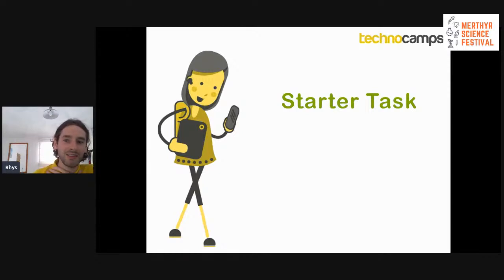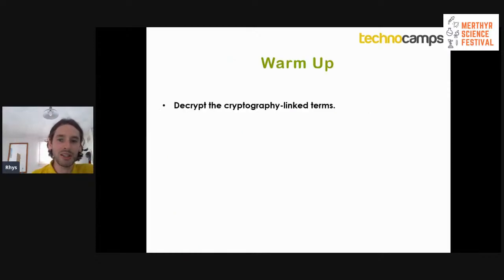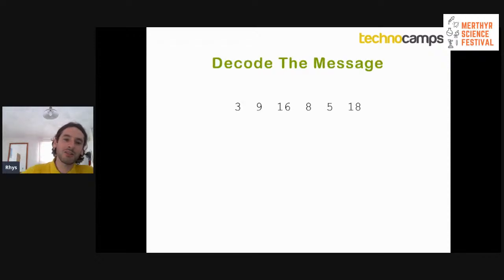So let's start with a task to warm up a bit. Can you decrypt the cryptography linked terms being shown? Here's the first message. I'm looking for two things. What is being shown here? How is the message created?